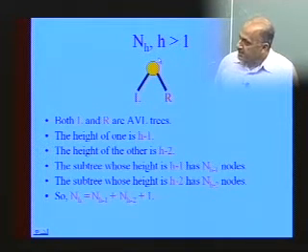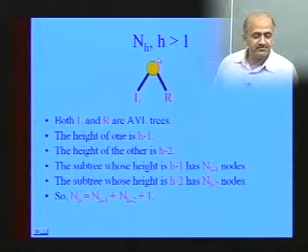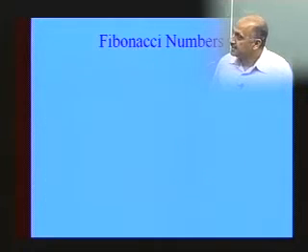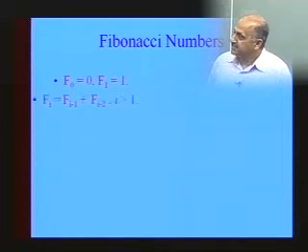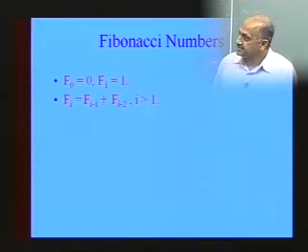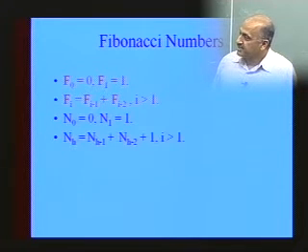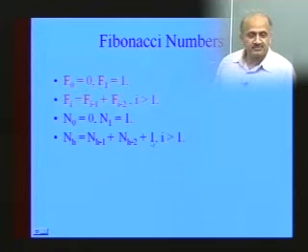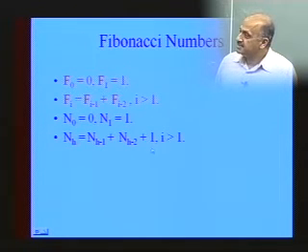Well, that looks a lot like the equation we had for Fibonacci heaps. We've seen the Fibonacci numbers before, given by those two recurrences. Here's what we have for the minimum number of nodes in an AVL tree.